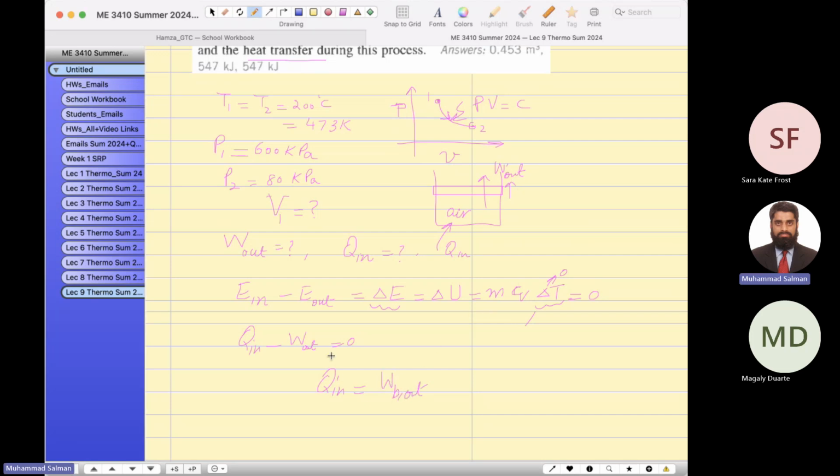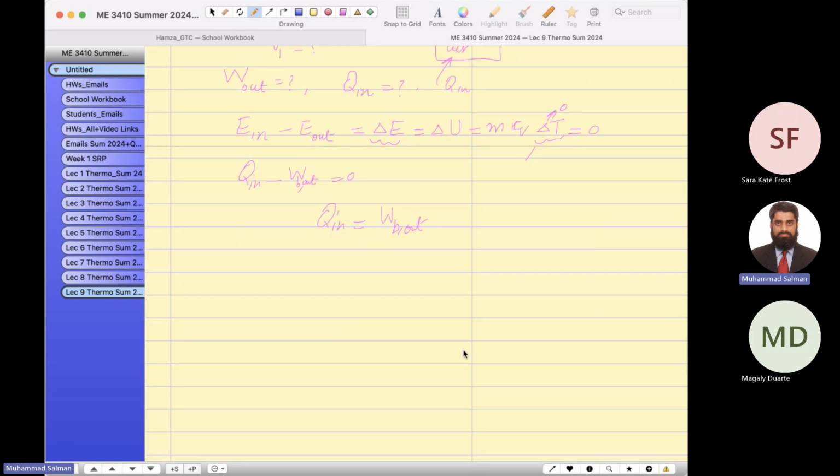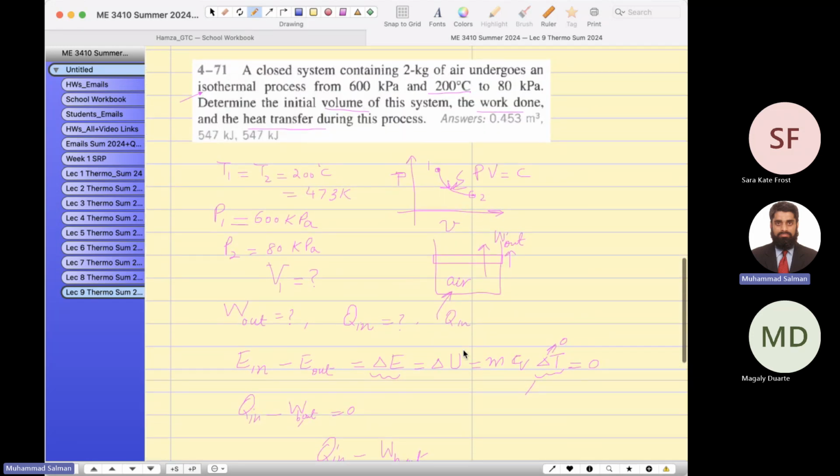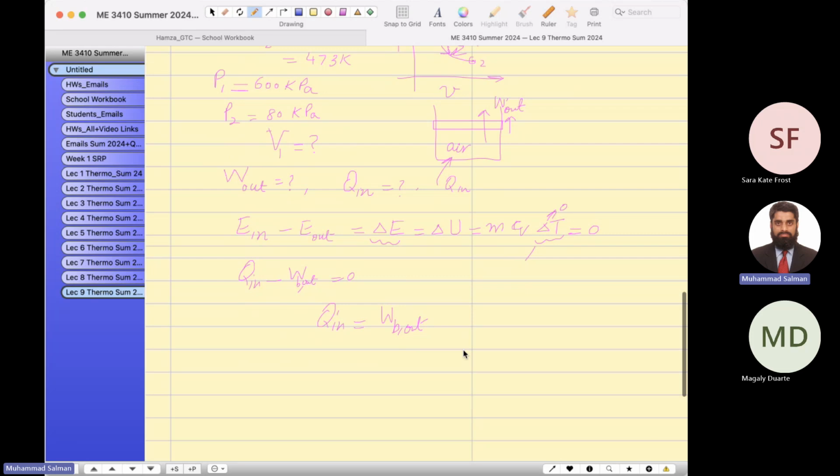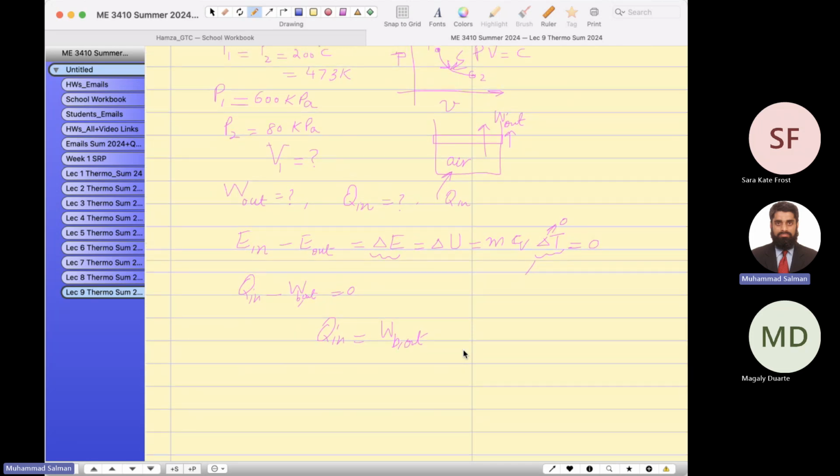I would say W boundary out, to be more specific. Even if you write just W out, you should understand that this is the boundary work done on the piston by the working fluid, which is air.